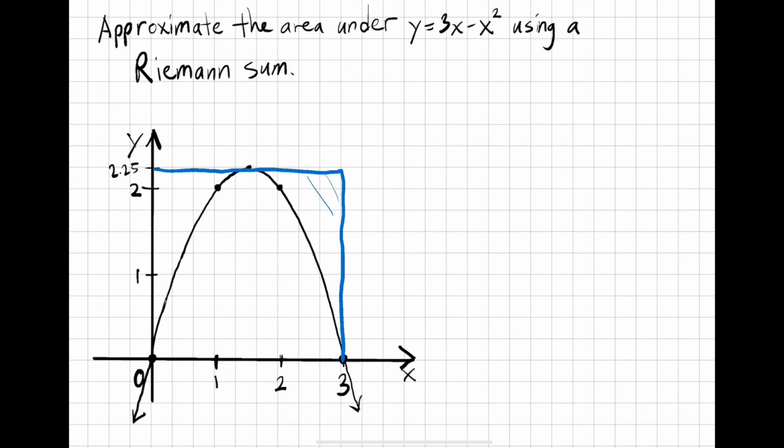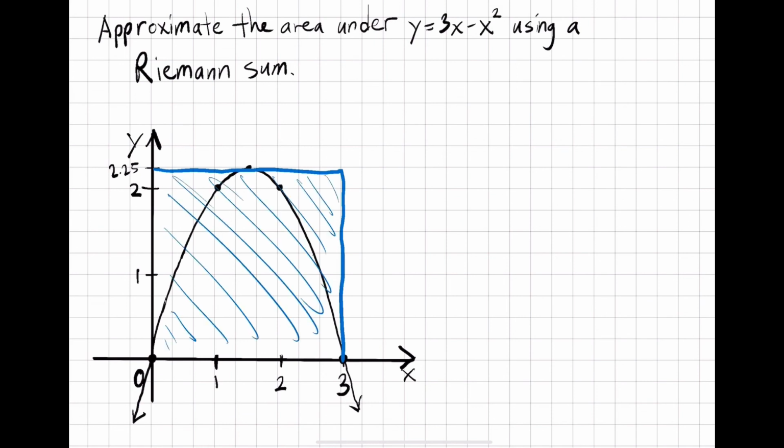We said, all right, here's a rectangle whose height is 2.25 and whose base is 3. And the area of that rectangle is 2.25 times 3, which is 6.75.